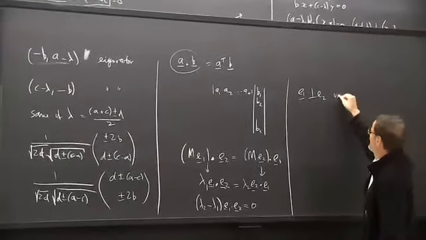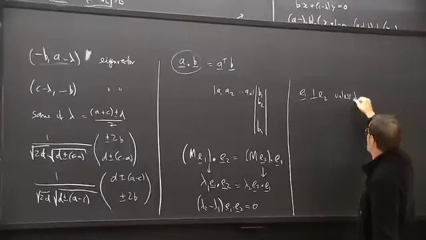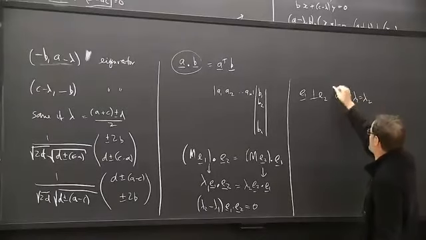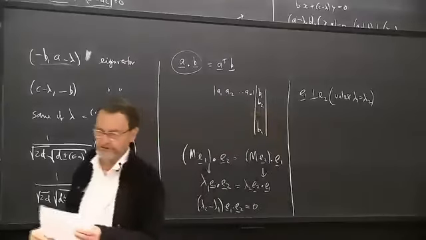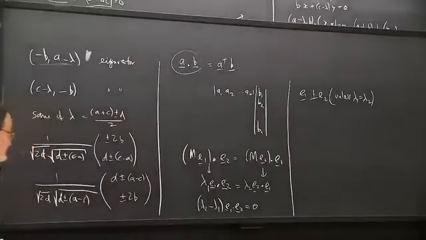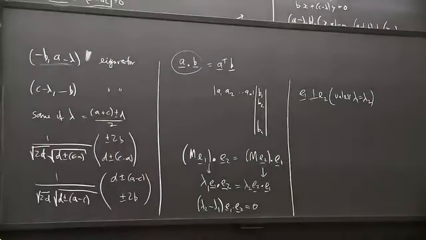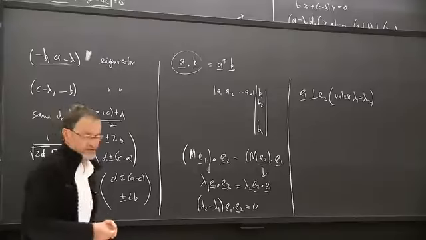Well, there's another thing that can happen. If lambda 2 is the same as lambda 1, then that doesn't follow. So when I take the roots of this polynomial, and the roots are all different, that means that all of the eigenvectors are orthogonal. So that's what that says.